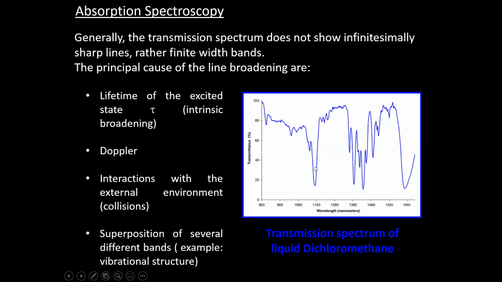That means molecules traveling inside your solution, this is a liquid, are going towards the light or going away from the light, and there is a Doppler shift. That is, the effective wavelength is different. This makes the lines broadened. You can also have molecules interacting with the environment, for example hitting the wall, and a molecule hitting the wall has distorted energy levels.